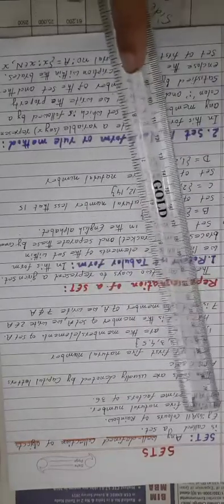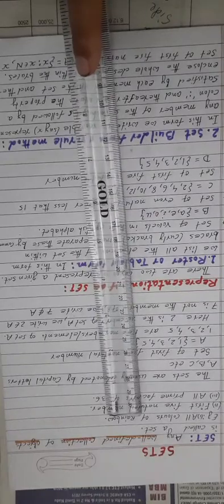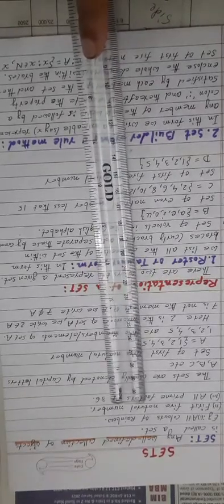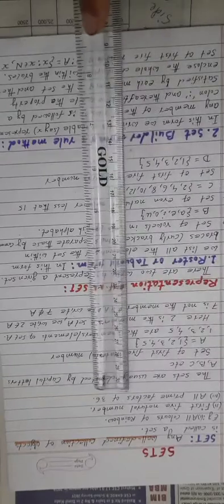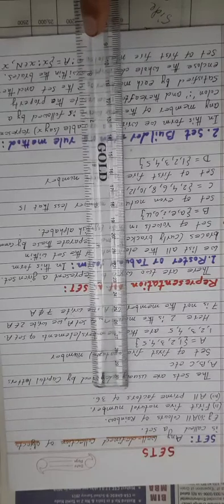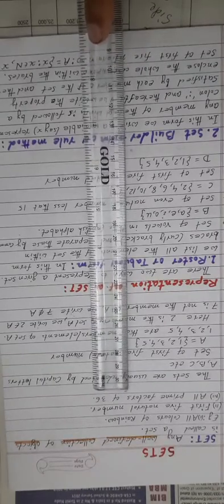Examples: all colors of the rainbow, VIBGYOR. The first five natural numbers are the same in the whole world wherever you go. All prime factors of 36. You know prime factors, the prime numbers which can divide 36: 2, 3. Four is not a prime number.